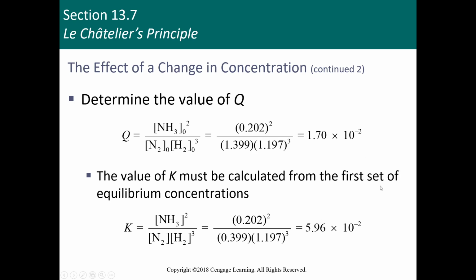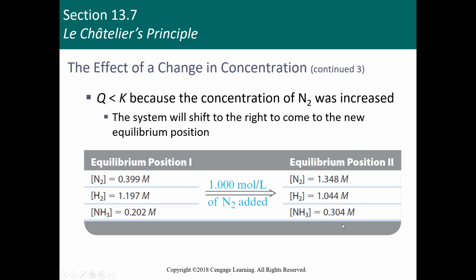We would then compare these. Is Q larger or smaller than K? Q is smaller than K because the concentration of N2 was increased. The system thus will shift to the right, and that will become its new equilibrium position. Shifting to the right means we will use up reactants to make product.